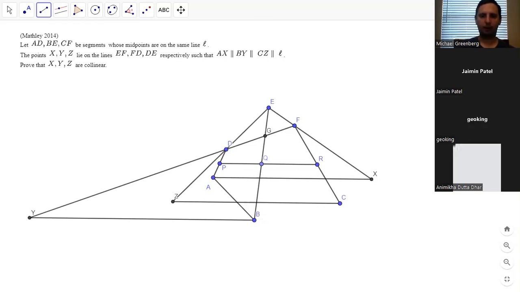Well, actually, maybe not. It says the intersection of AB with XZ. Yeah, it's actually really hard to think about this because we know that they're collinear. But basically, if you take the intersection of AB with YZ and BC with ZX and CA with XY, it says that those three points are collinear.